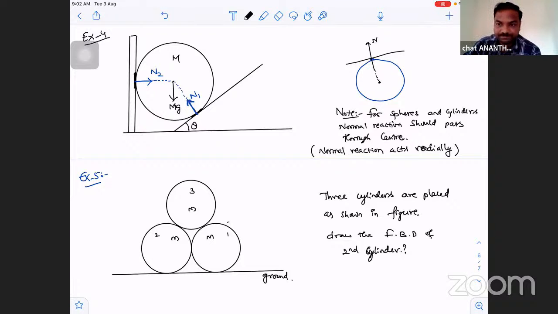You can draw a separate cylinder and draw the forces, that is one idea. Or in the same diagram only you can draw them also. Your choice.